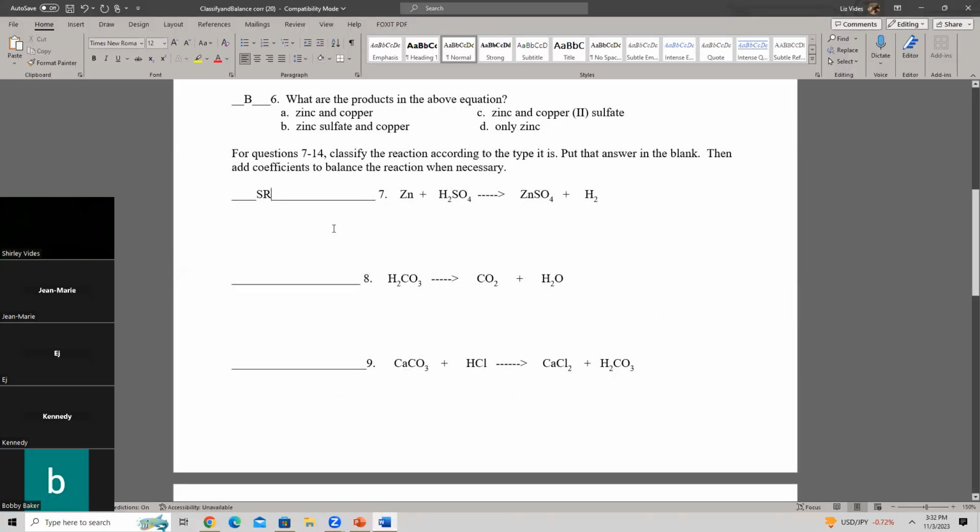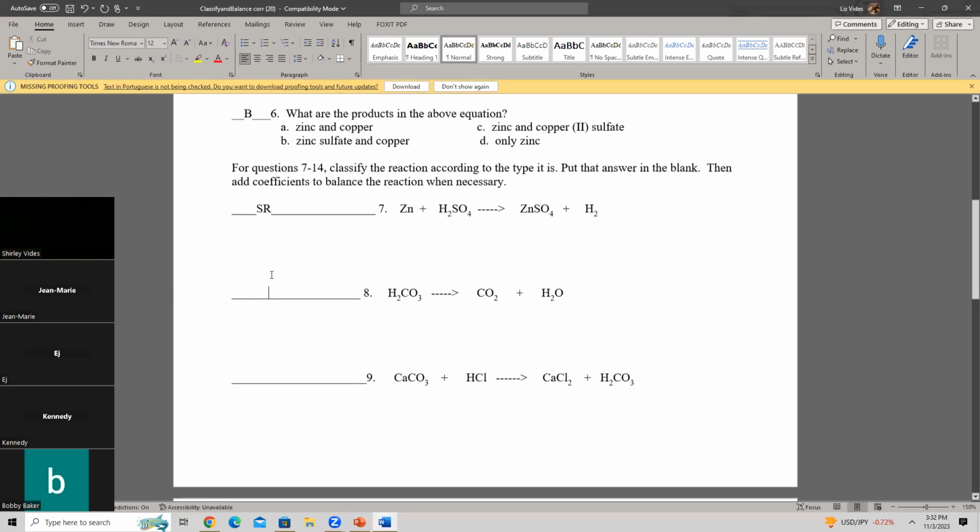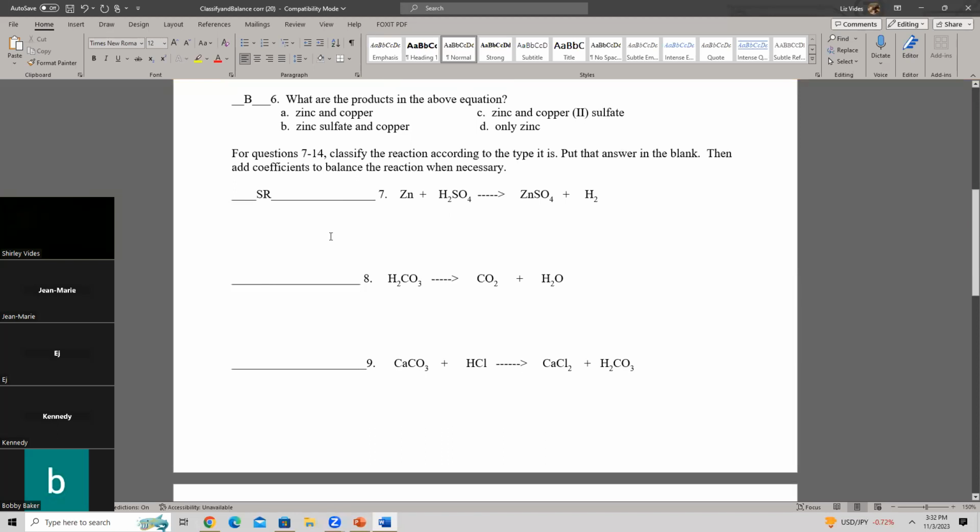All right, so the next one, what's going on? What do you see happening here? I'm seeing that oxygen was added to hydrogen, so it becomes water. Okay, but there's a key thing you really should be looking at.